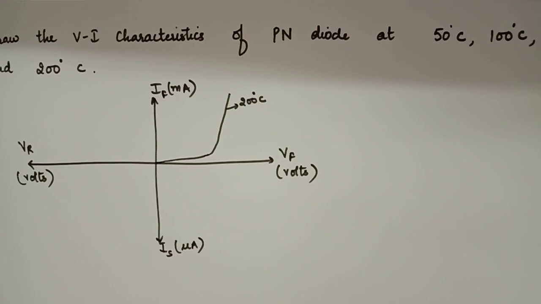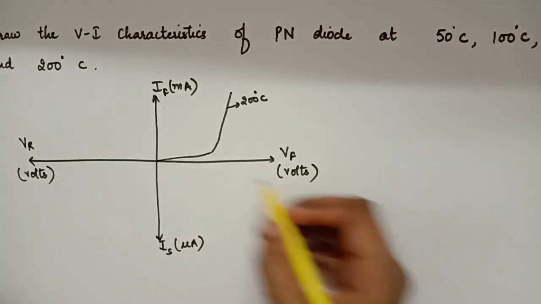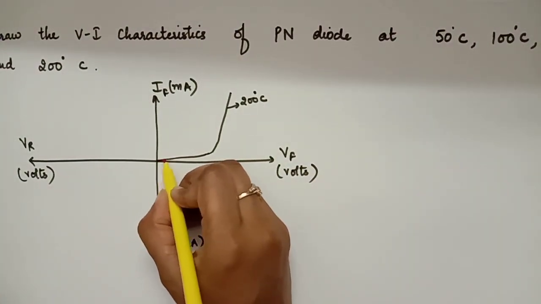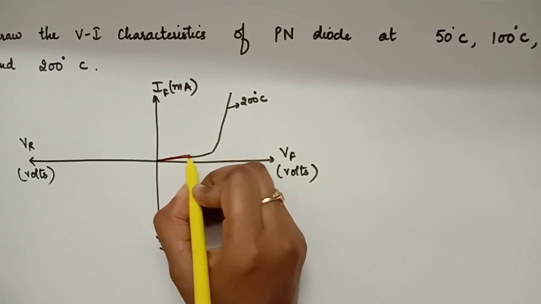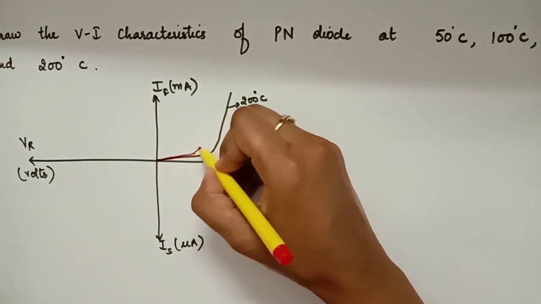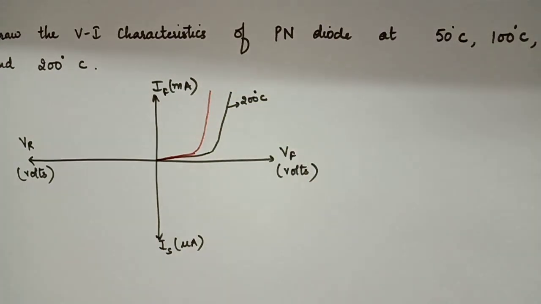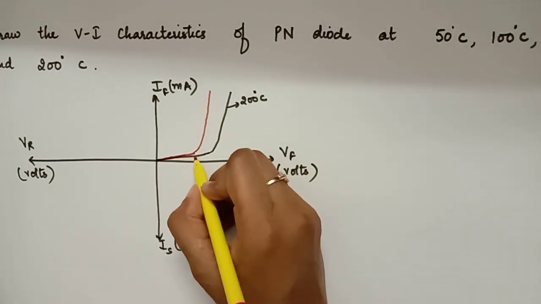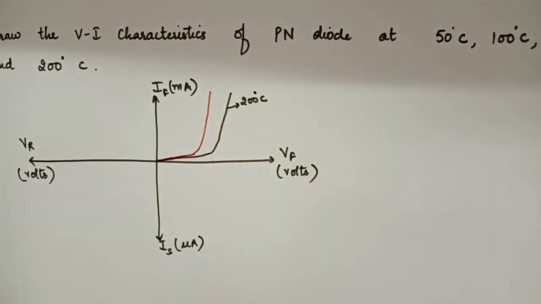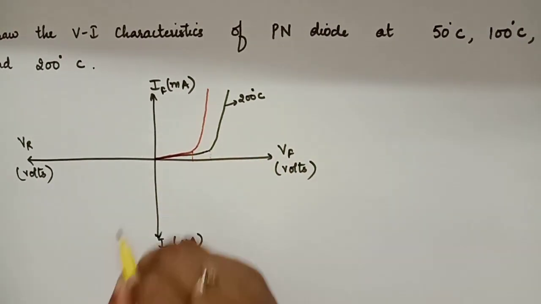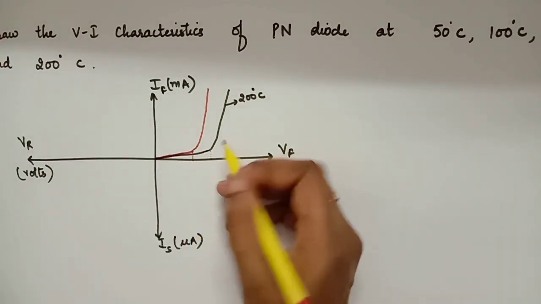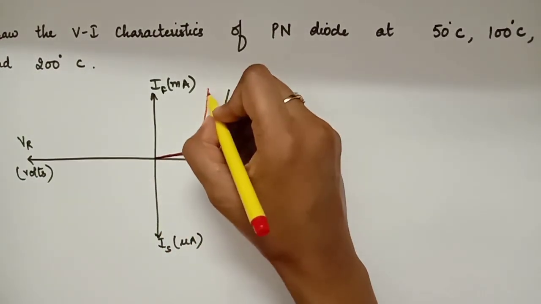Now for 100 degrees Celsius, let us move in the descending order. The knee voltage will decrease. So we will follow the same line, but we will make the current rise rapidly earlier because the knee voltage will decrease. So it will be for 100 degrees Celsius.